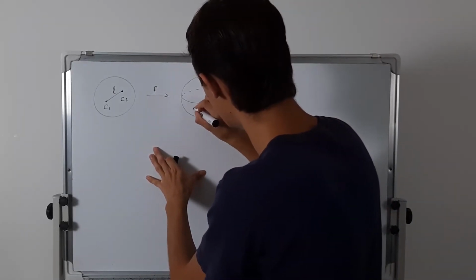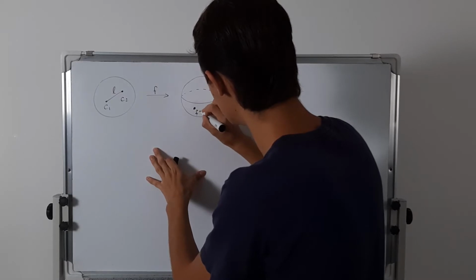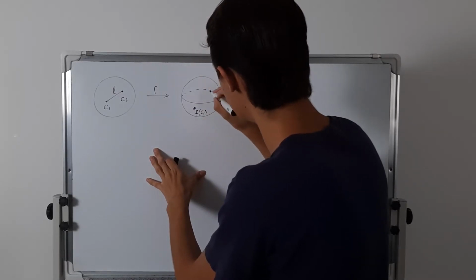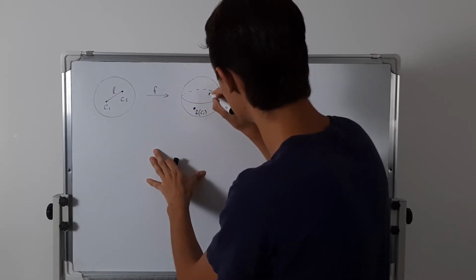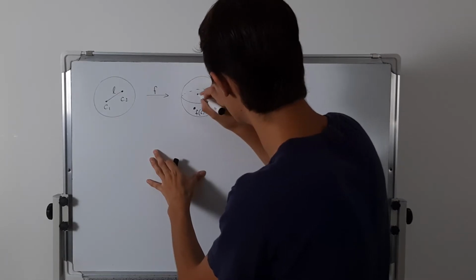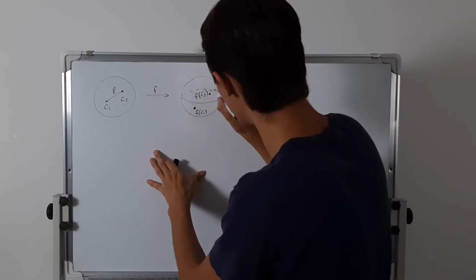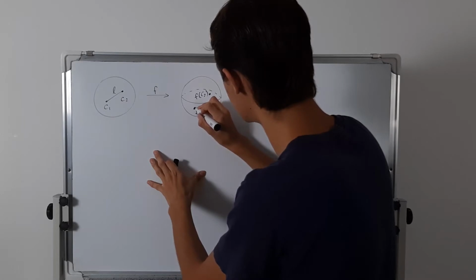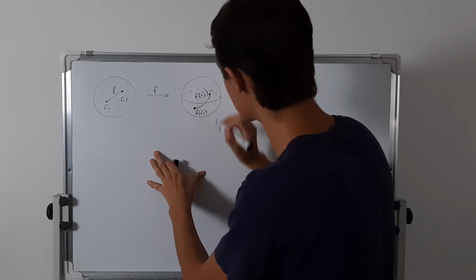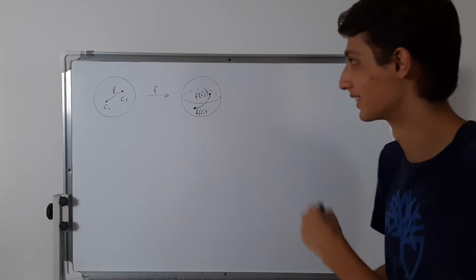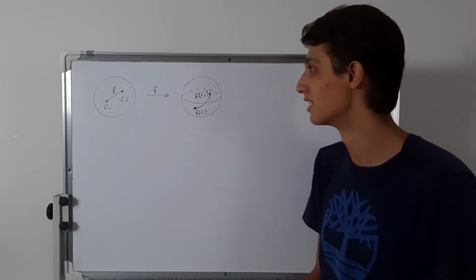So let's say f of C1 is here, and f of C2 is over here, and they're both on the front, and it's going to look kind of like some curvature there. I don't think I drew that well, but it's good enough.